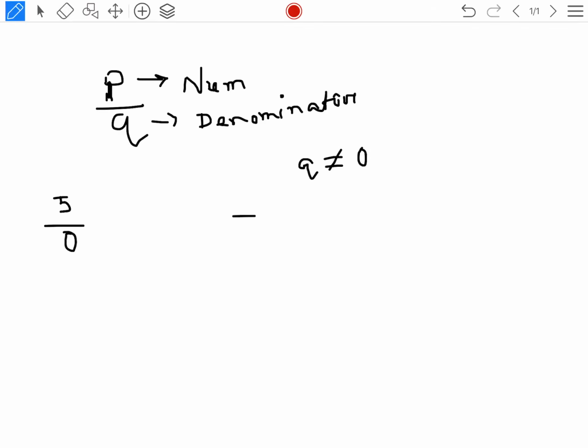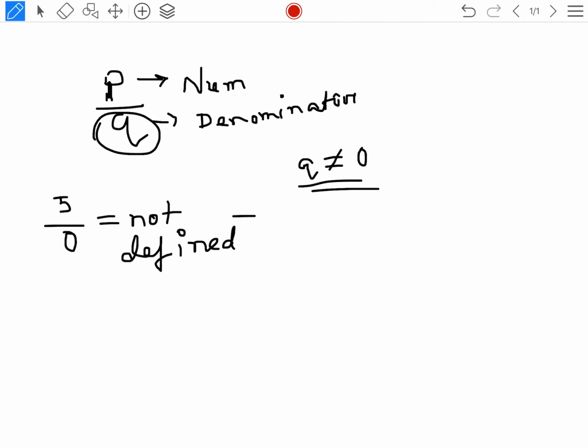A number when divided by 0, the answer is always equal to not defined. Any number divided by 0, the answer is always not defined. So if Q is equal to 0, if the denominator is equal to 0, then it cannot be a rational number. Understood? Otherwise every fraction is a rational number.